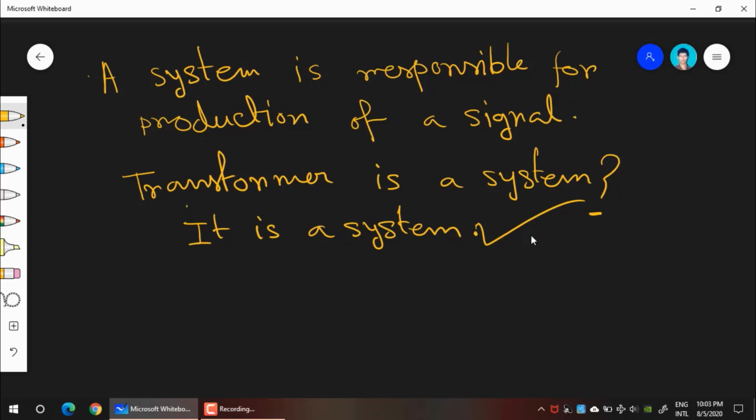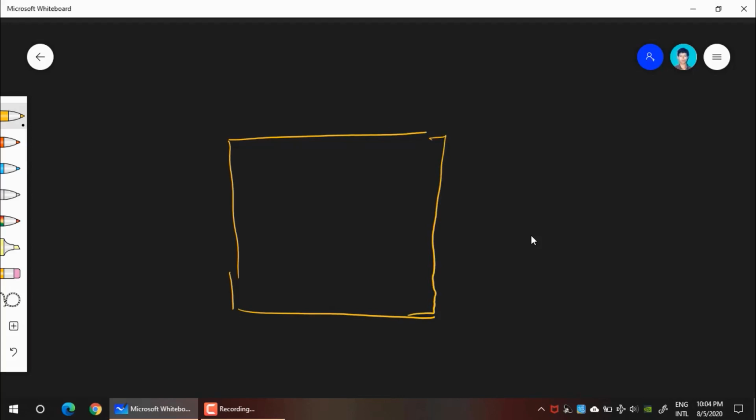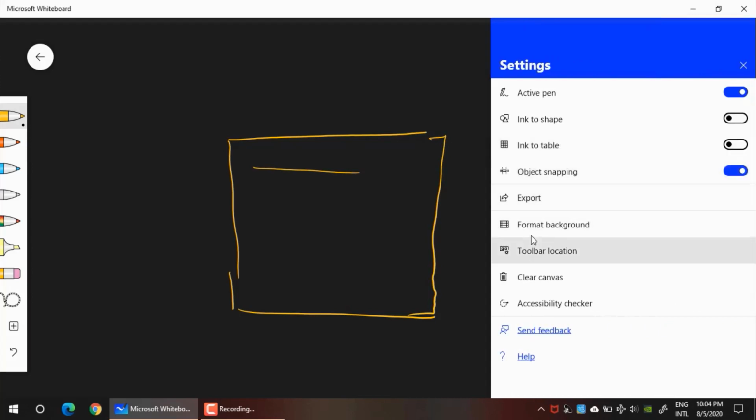Now, if a transformer is a system, then what does it take? Let me draw the transformer first. Just give me a minute to draw.